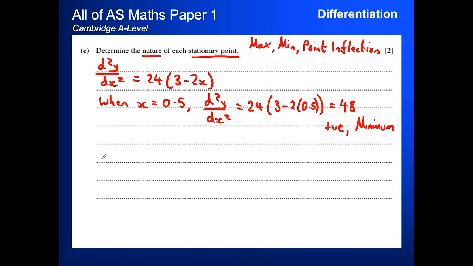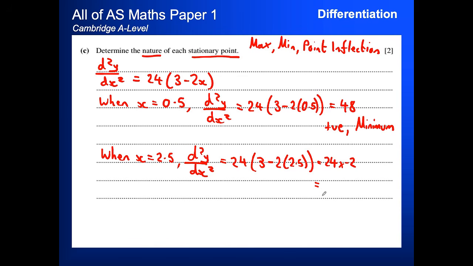And we do exactly the same process with 2.5, so we work out d2y over dx squared, which is 24 lots of 3 minus 2 lots of 2.5. You can probably see where this is going. So we get 24 times minus 2, minus 48. Well, this is negative and therefore must be a maximum.